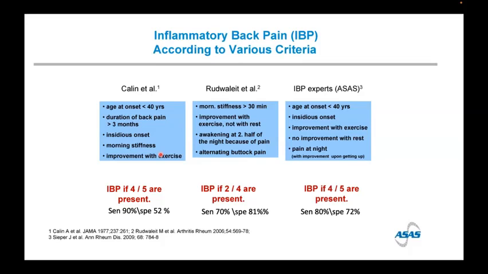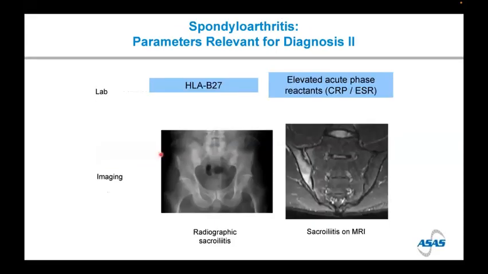The history sometimes gives a mix between mechanical and inflammatory, and sometimes a patient gives a mechanical pain history and at the end it is axial SpA, and vice versa. Sometimes they give you classical inflammatory back pain, and at the end of the workup we find the patient doesn't have axial SpA. So inflammatory back pain is still subjective, less specific, and even less sensitive.